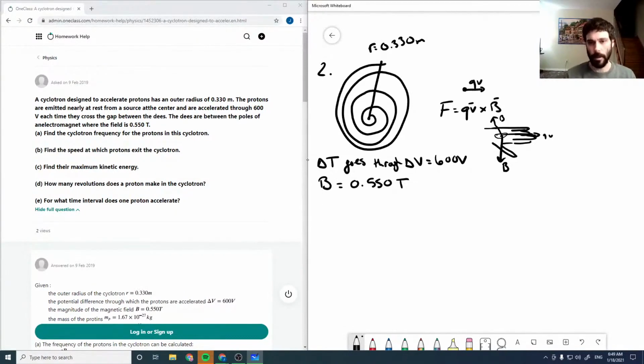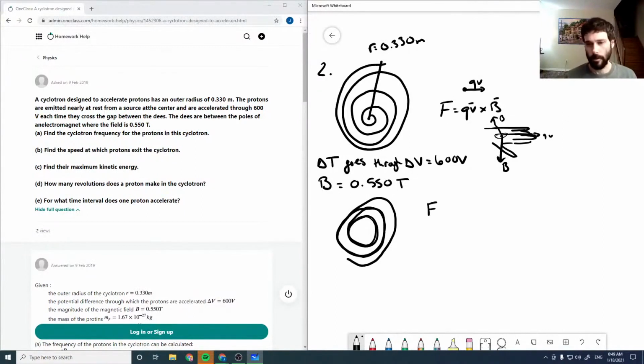But it looks like I drew it the right way, so it's attempting to go in a circular motion, but then each cycle, we're pushing the kinetic energy higher, which is pushing the circle outwards. So I suppose it actually should be drawn something more like this. Which I can't do, but the maximum radius is 0.330 meters.